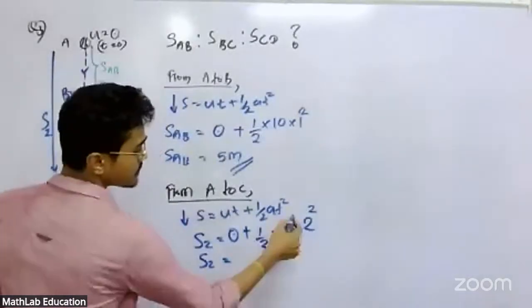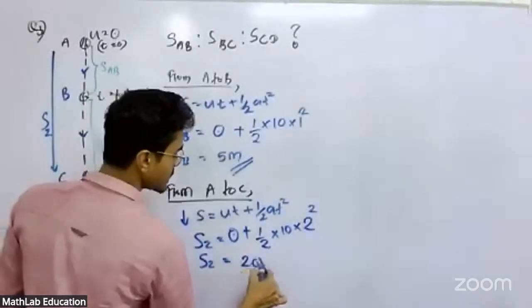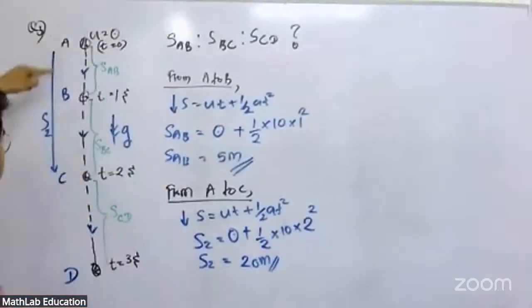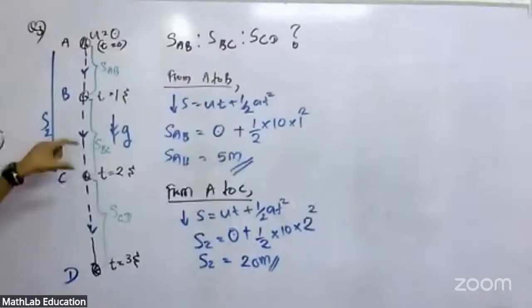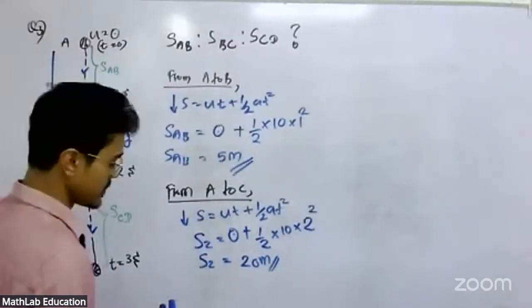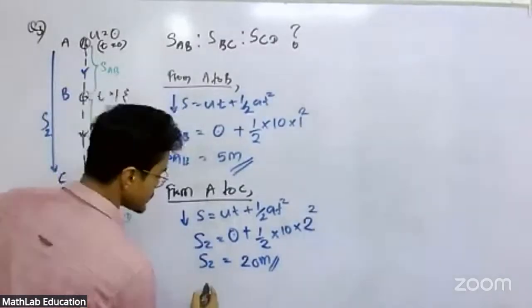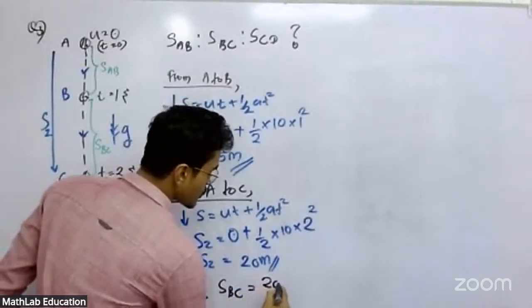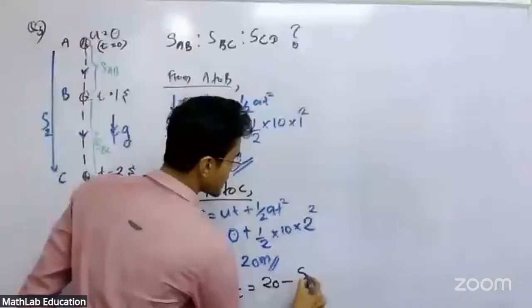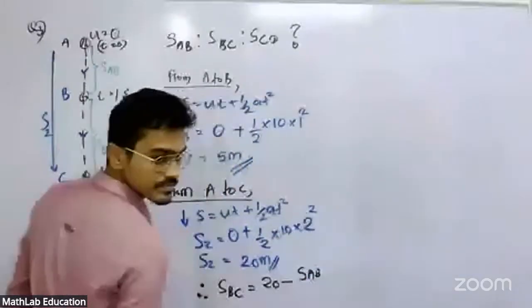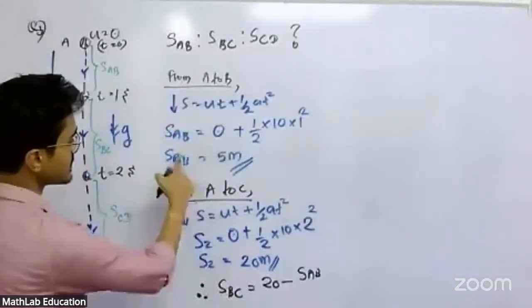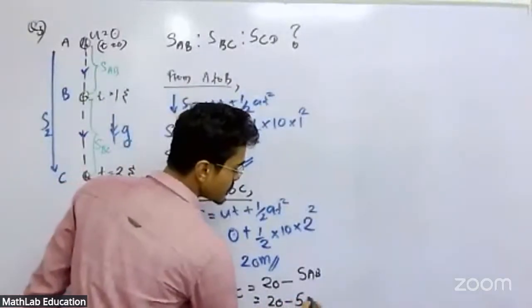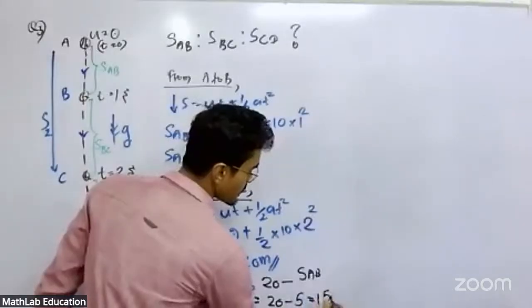Simplify this. 5 times 4, 20 meters. So 20 meters is all the way from A to C. Therefore, SBC is 20 minus SAB. SAB is known, 5 meters. So that is 20 minus 5, which means 15 meters.